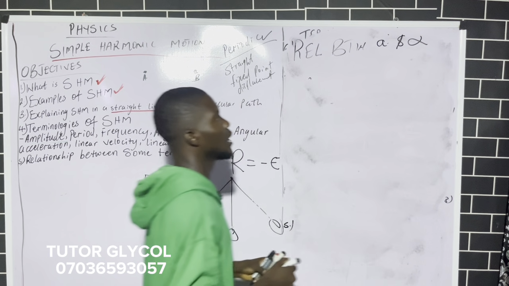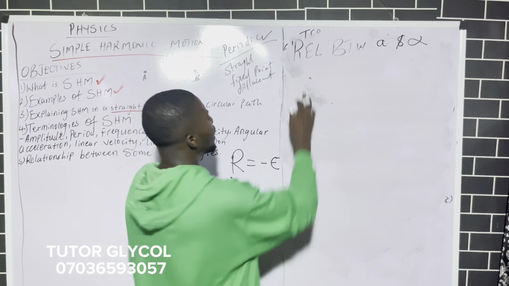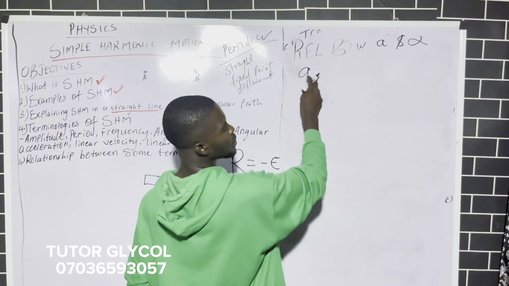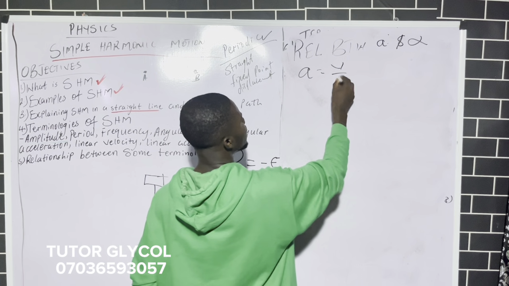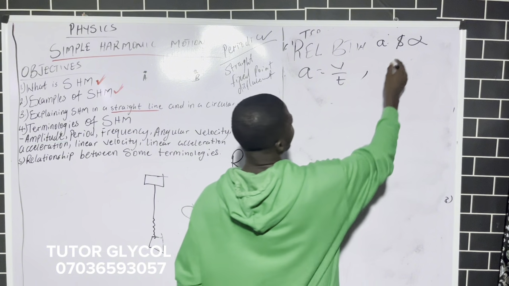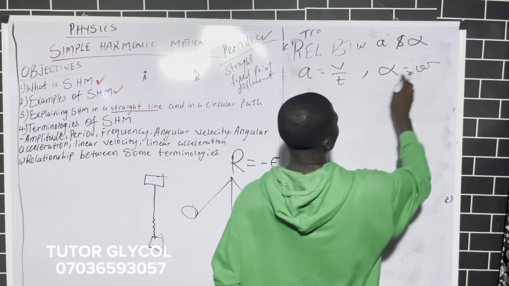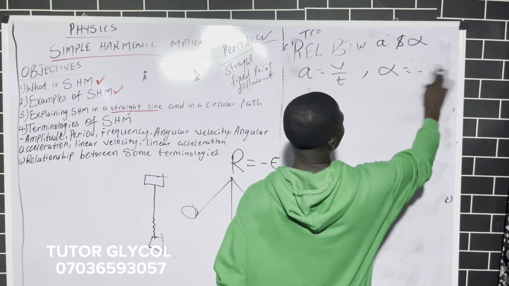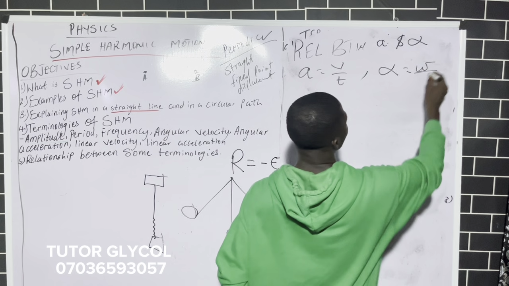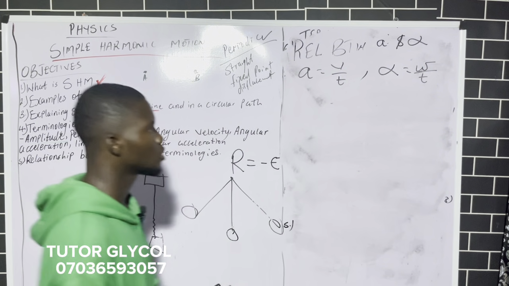These represent angular acceleration. So what's the relationship? Let's go again. Remember our acceleration A, linear acceleration, is what? Linear velocity over time. And also remember that angular acceleration is angular velocity over time. I hope you know something is similar to them.